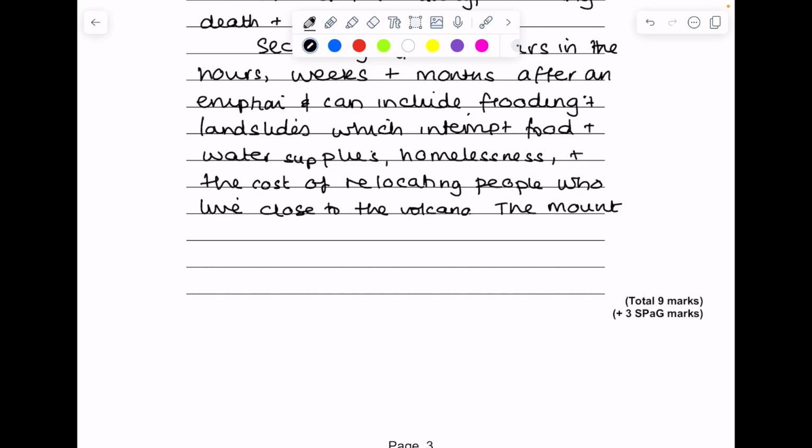And now going back to my case study, the Mount Merapi eruption in 2010 led to 300,000 people having to leave their homes.